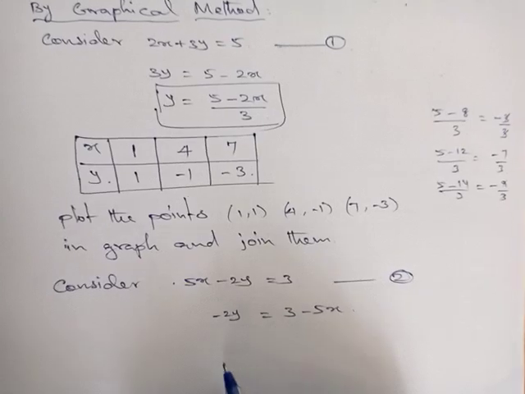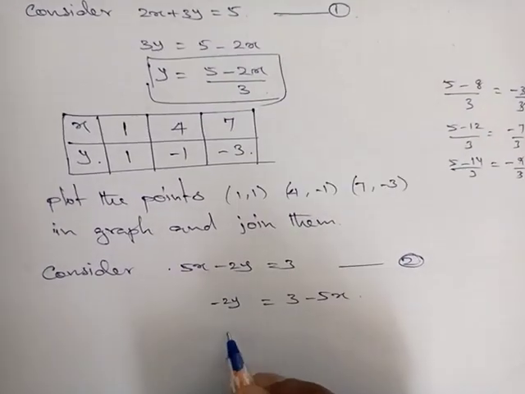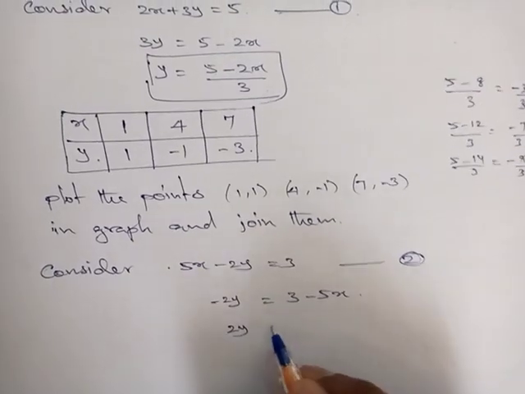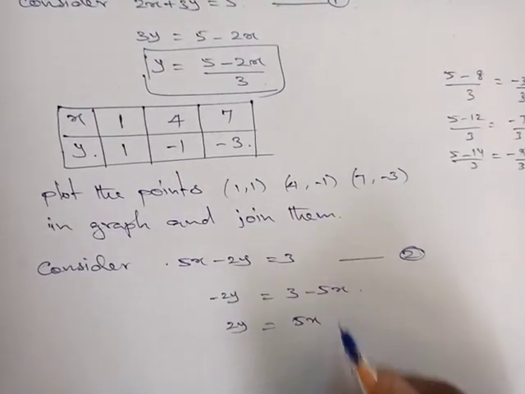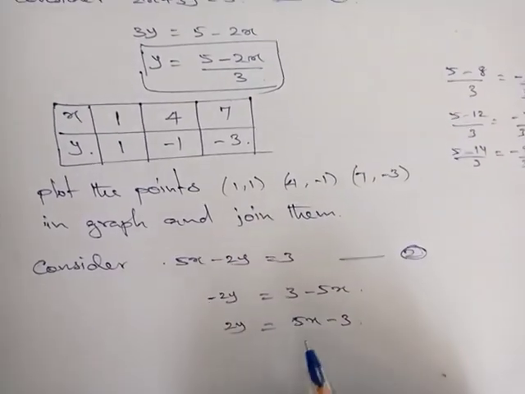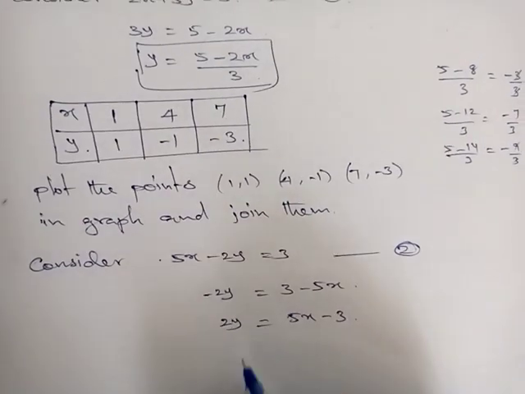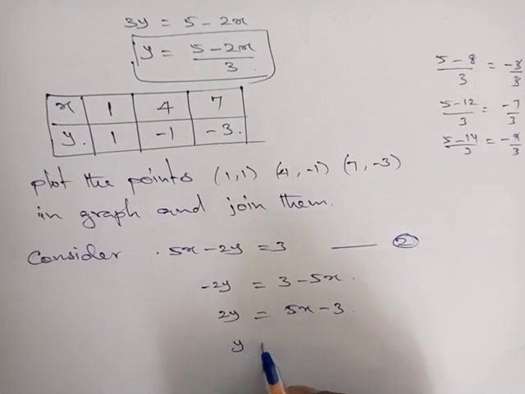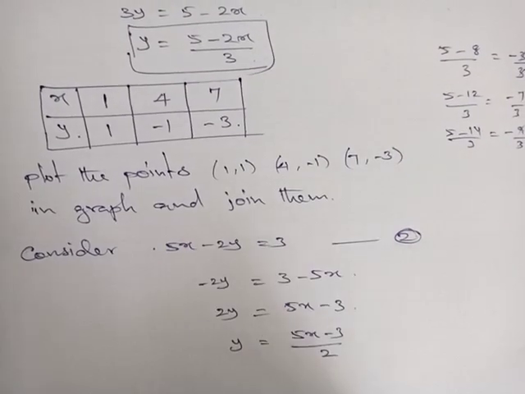Minus 2y is equal to 3 minus 5x. Actually I need 2y, so make it positive. So this minus 5x will become plus 5x, plus 3 becomes minus 3. So 5x minus 3, everywhere I am multiplying with the minus. So this becomes 2y. Now y is equal to 5x minus 3 divided by 2.